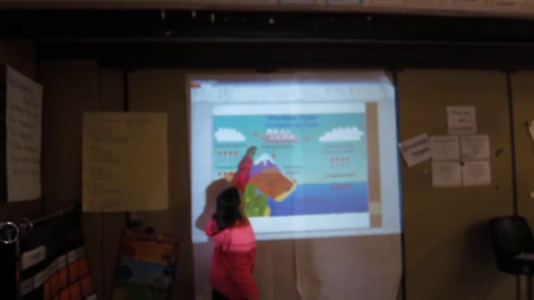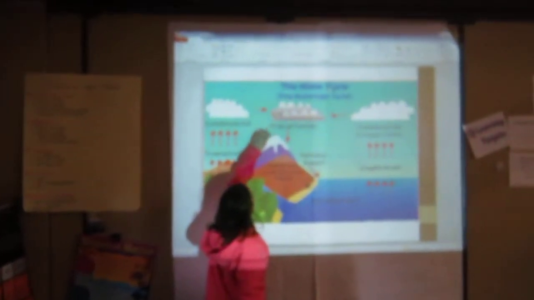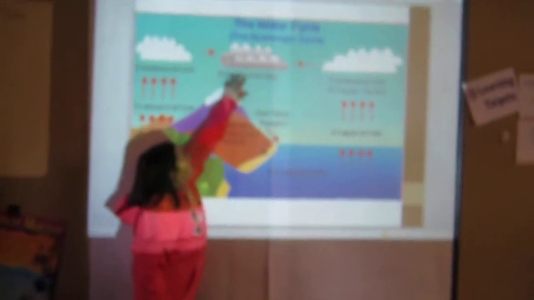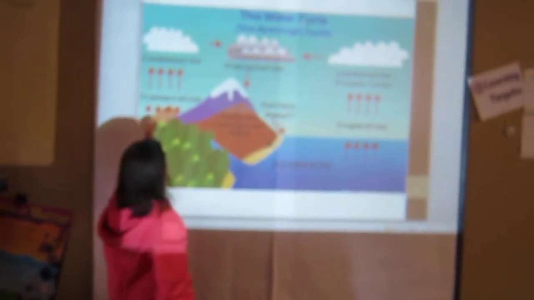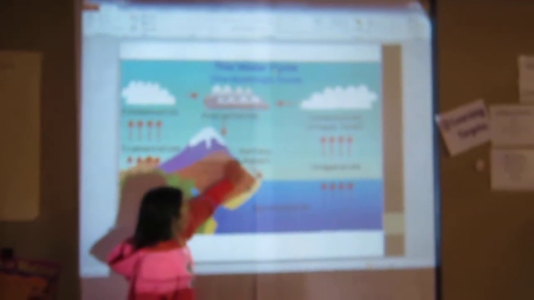The rain, the water builds up over here, and it gets too heavy, and the clouds let the rain fall. And when it gets to the surface, the sun, it can go into the water or just stay.